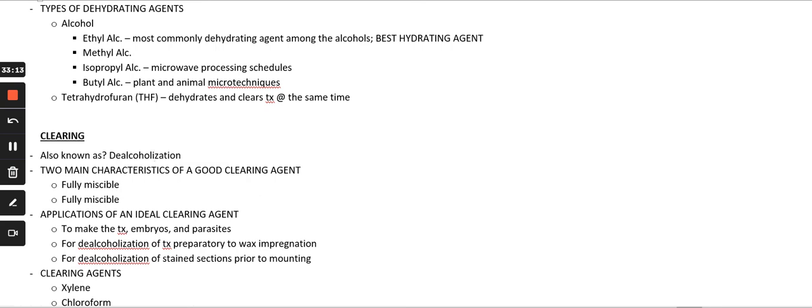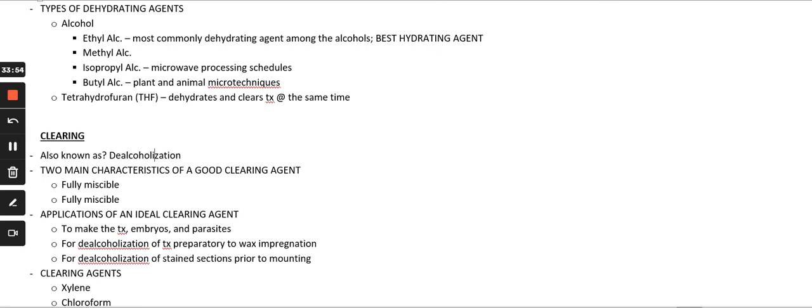Although there are different types of dehydrating agents, as you have read in your book or activities, there are many. We have alcohols, we have acetone, we have dioxane, cellulose, triethyl phosphate. As you can see, there are many different types of dehydrating agents, but the most commonly used one is your alcohol, specifically your ethyl alcohol.